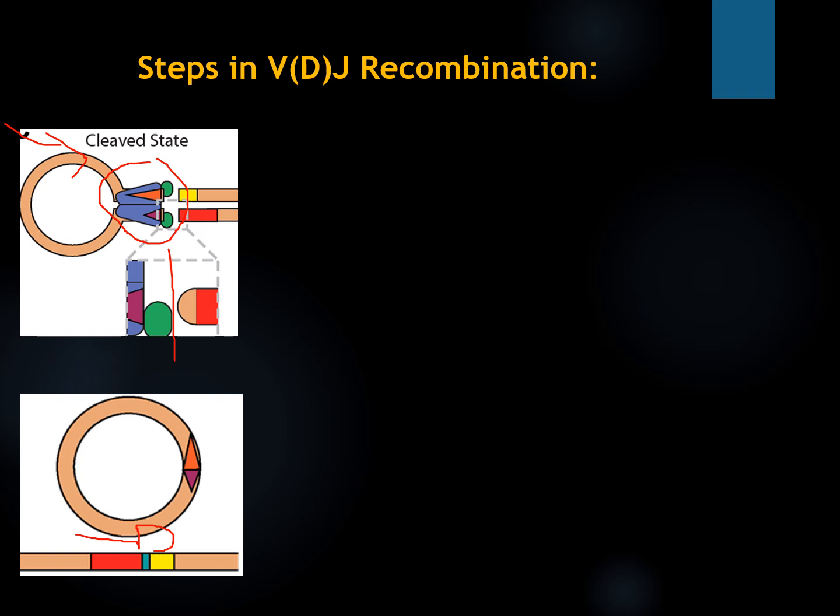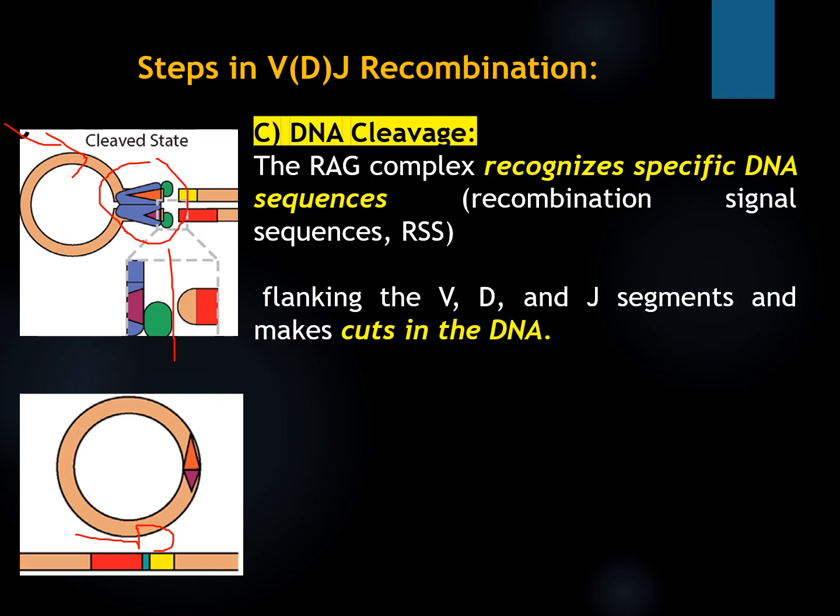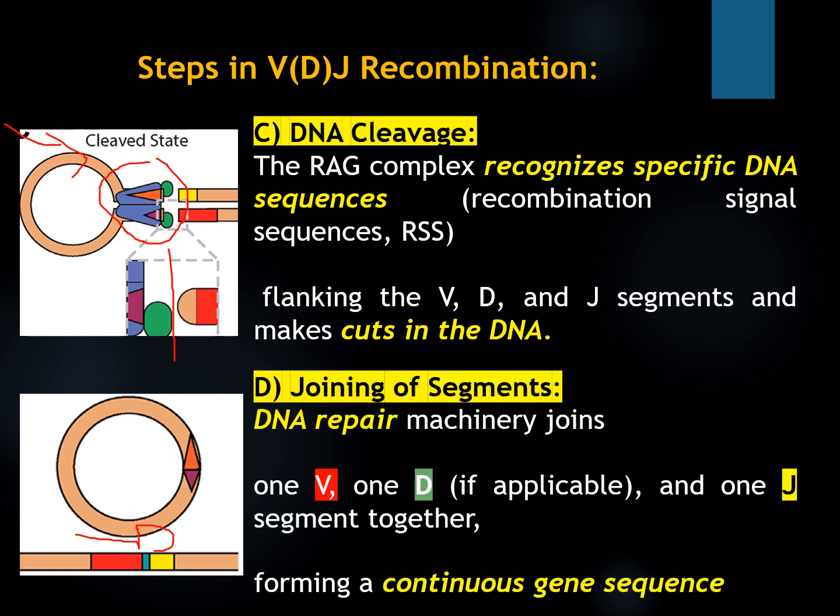Okay, so let's recap. I showed you that in this stage there is something called DNA cleavage, and here what you see is the RAG complex that recognizes the specific DNA sequence. So you find this RSS sequence that is flanking the V, the D, and the J segments, and that makes a cut in the DNA. The second thing that is happening here is the joining of the segments.